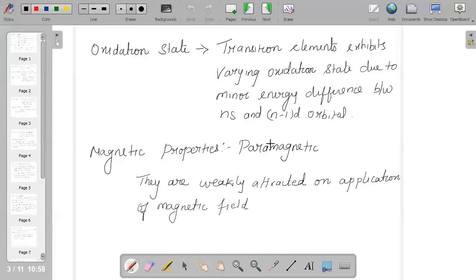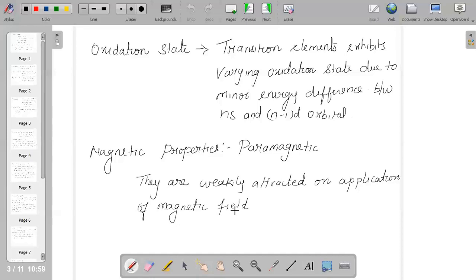Based on how the substance behaves in an external magnetic field, its magnetic property is decided. The first type is called paramagnetic: they are weakly attracted on application of a magnetic field because of the presence of one or more unpaired electrons, which get attracted towards the magnetic field.